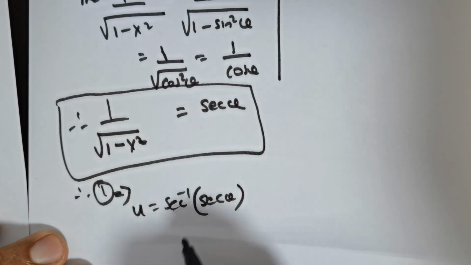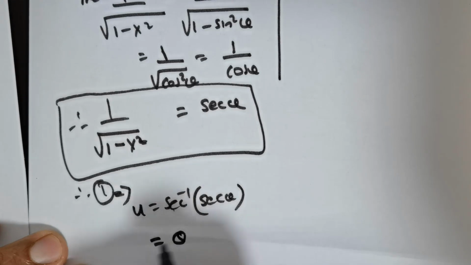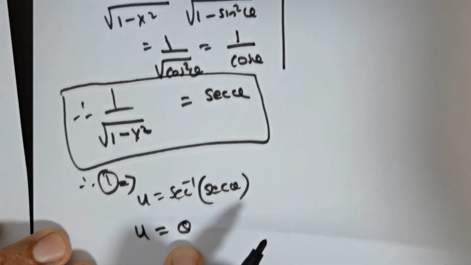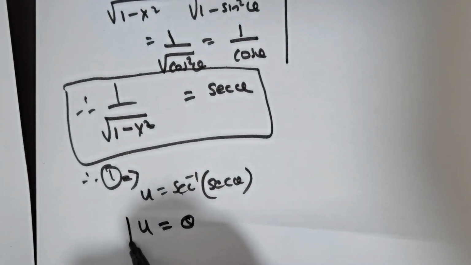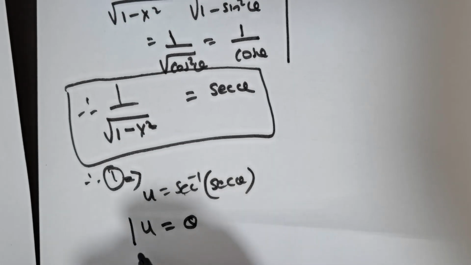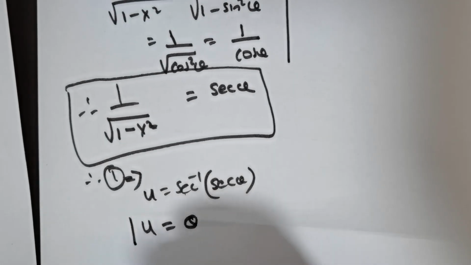So secant inverse and secant theta get neutralized. Now I have u is equal to theta. So this is the all important point of the problem solving.